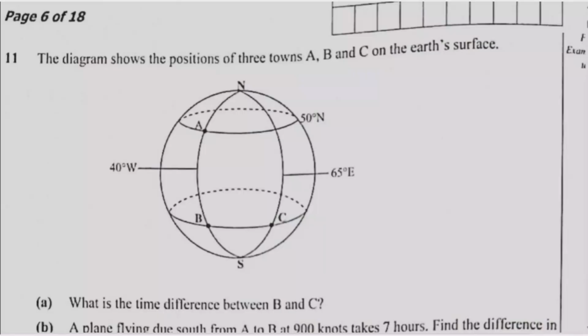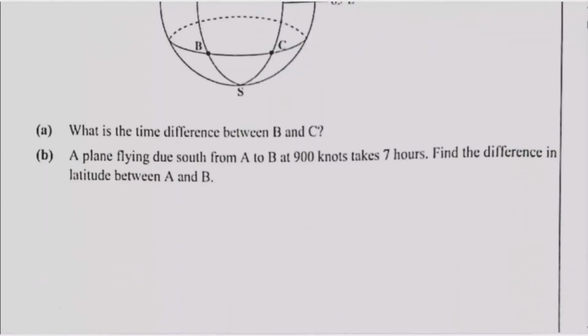To solve this one, I'm going to abbreviate time difference as TD. Time difference is equal to theta over 15 degrees.